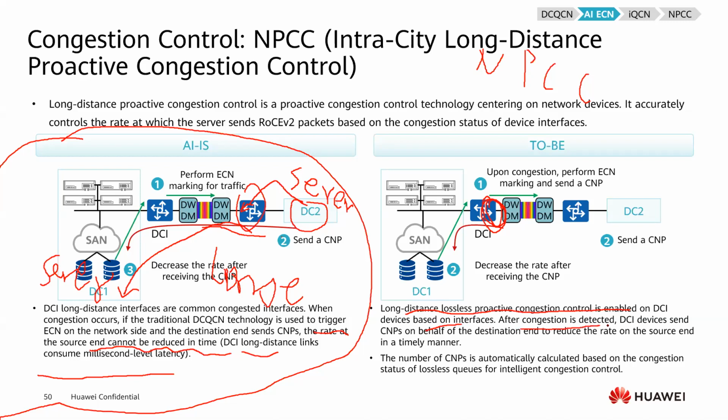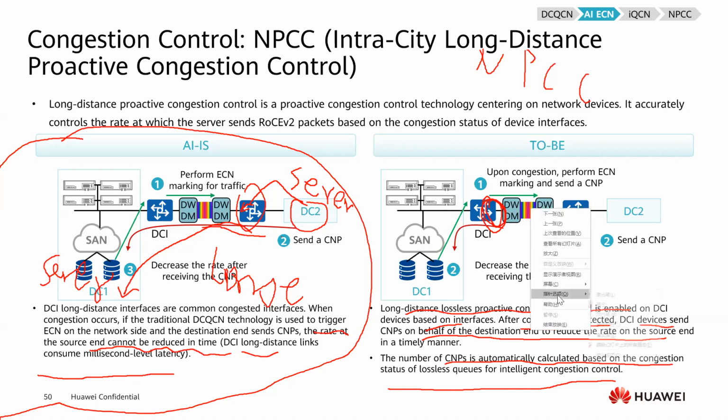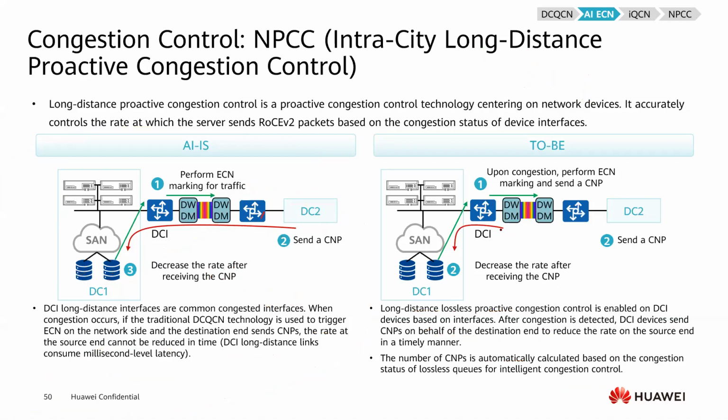After congestion is detected, the DCI device sends the CNP on behalf of the destination end to reduce the rate. The number of CNPs is automatically calculated based on the congestion status of the lossless queue for intelligent congestion control. Here this is a big difference. The CNP packet is sent by this device.